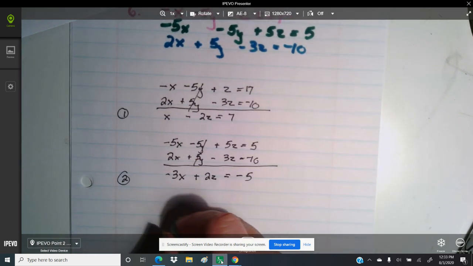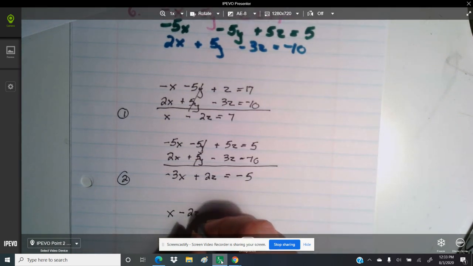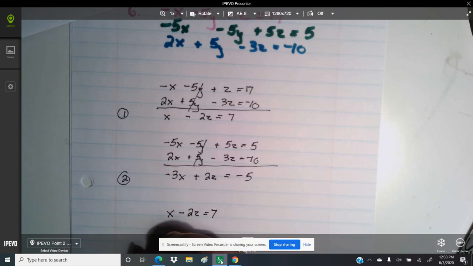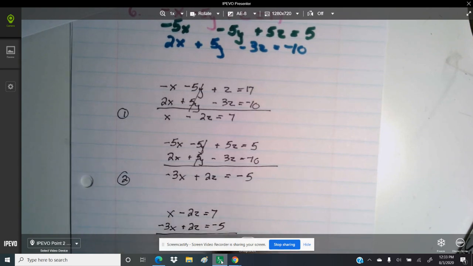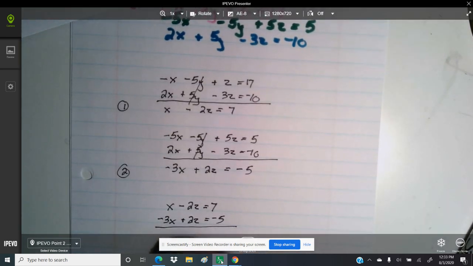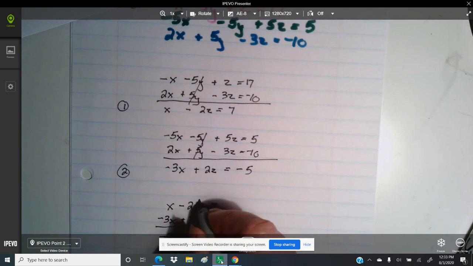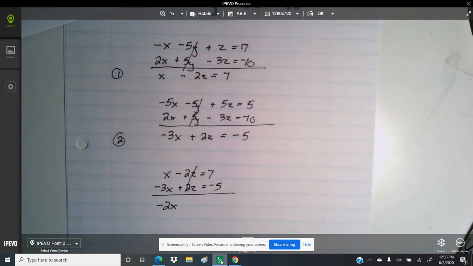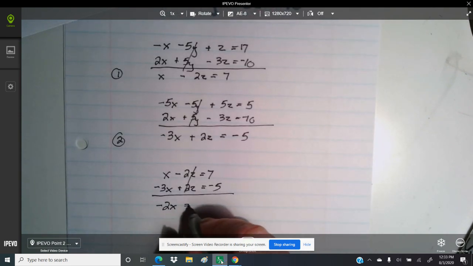So I'm going to have x minus 2z equals 7 and minus 3x plus 2z equals negative 5. And now when I add those two equations, I'm going to get negative 2x. My z's will cancel out, which is what I wanted to have happen. And this is going to equal a positive 2. Divide by a negative 2, and I'm going to get x equals negative 1.